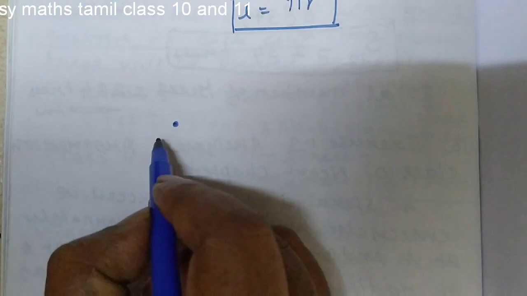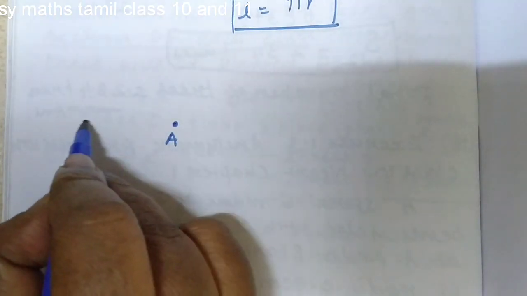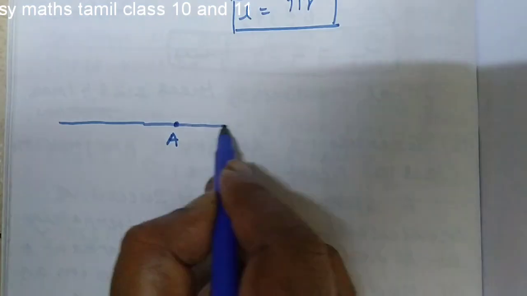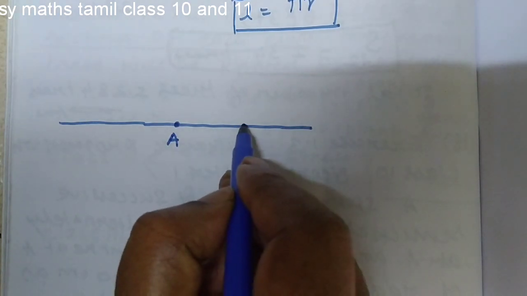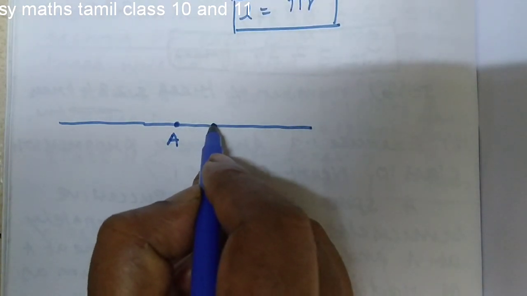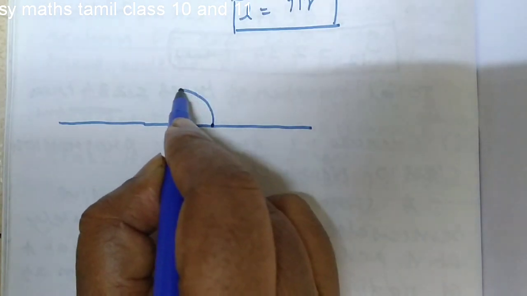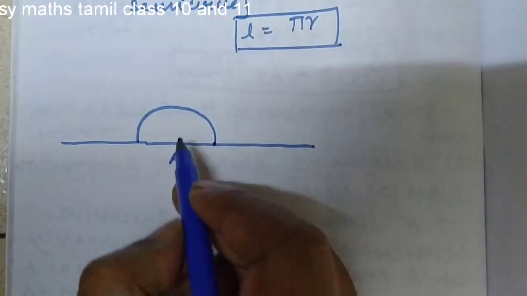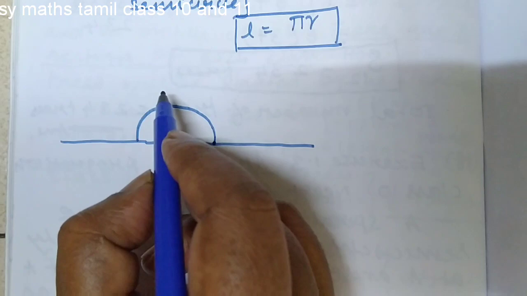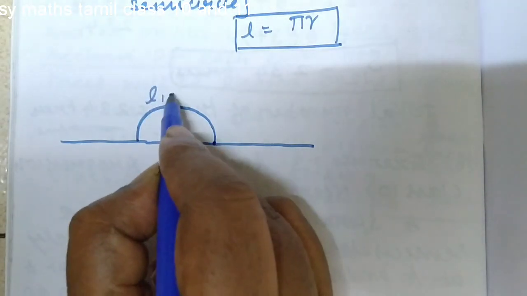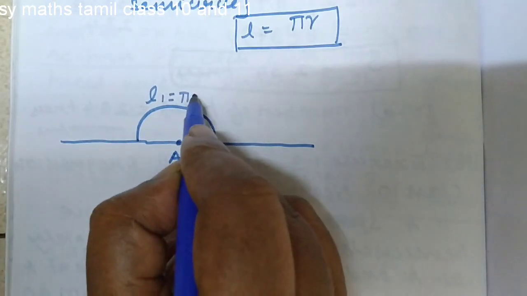So now let us calculate. This is the center A. This is a semicircle and its length is L1 equals pi into r.